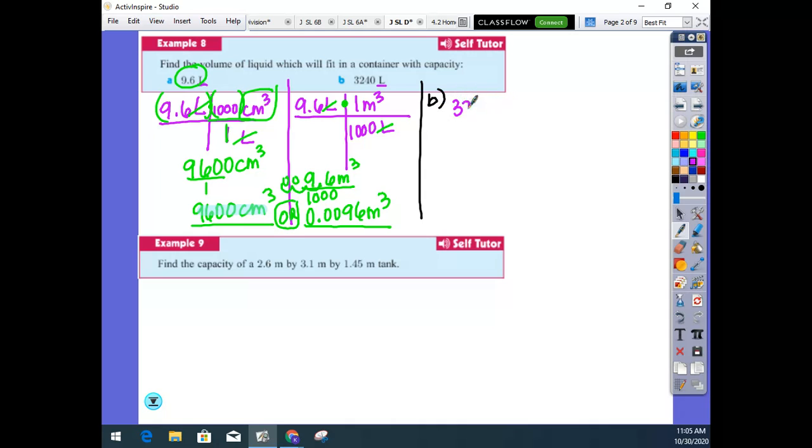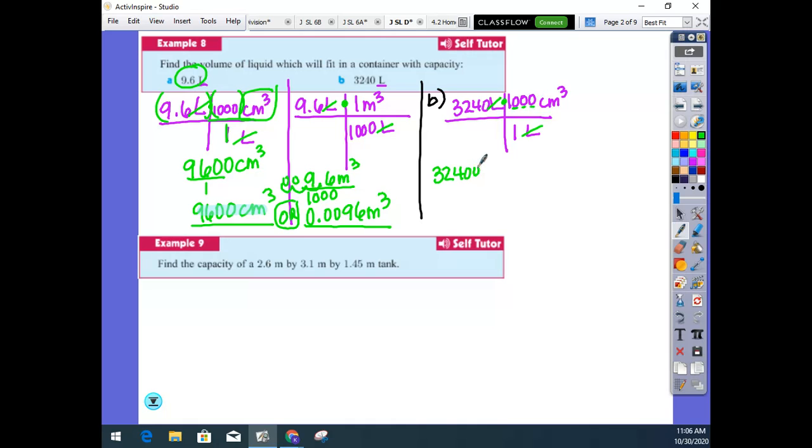If we start with 3240 liters, I'll have the 1 liter to my 1,000 cubic centimeters. My liters cancel. I multiply my numbers across and divide by 1. When I multiply by 1,000, I just add 3 zeros, and I'm left with that many cubic centimeters.